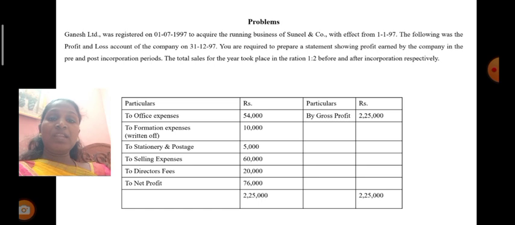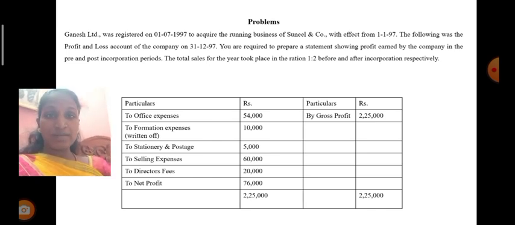So we need to classify into two: pre-incorporation period and post-incorporation period. The company started on 1-1-97 and got registered on 1-7-97. Once after 1-7-97, the company turned into a registered company, or got the incorporation certificate.